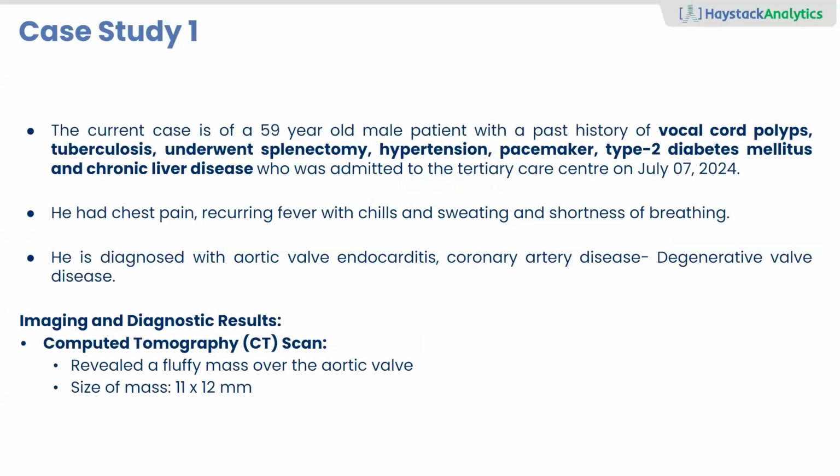He has chest pain and recurring fever, chills and sweating, shortness of breath. He was diagnosed with aortic valve endocarditis, coronary artery disease, and degenerative valve disease. CT scan revealed a floppy mass over the aortic valve, almost 11 to 12 mm in size.